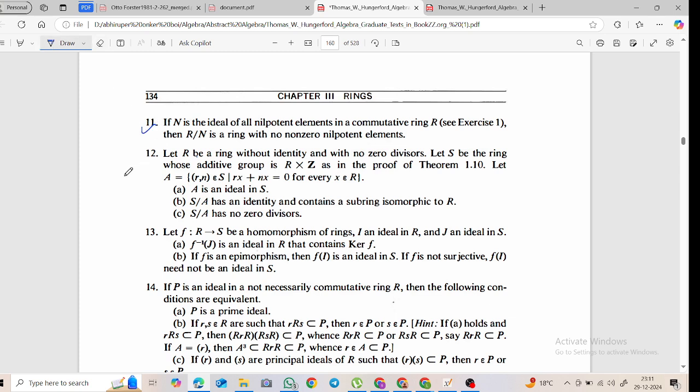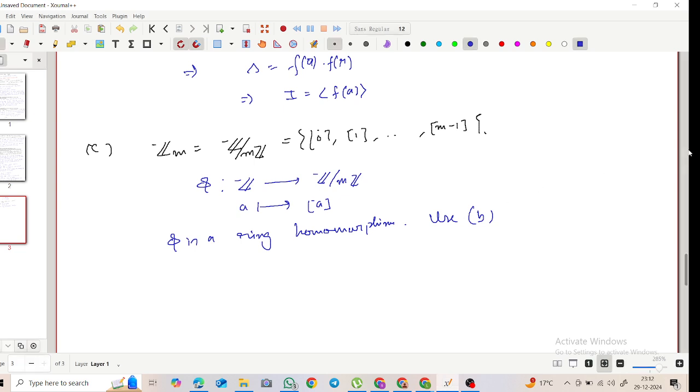Okay, do this. Try 11 and try 13. Okay, so see, we have used something here.